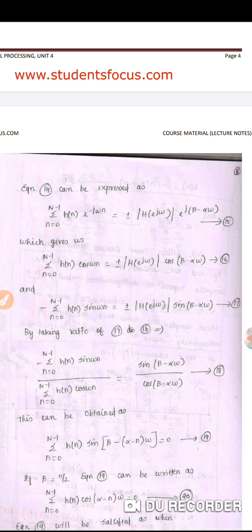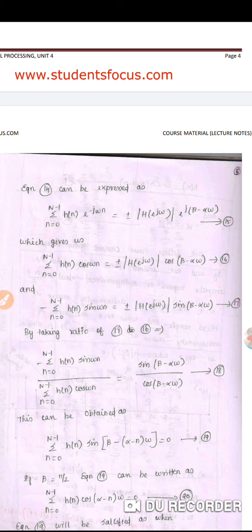If you take the ratio of equation 17 to equation 16, then minus summation n equal to 0 to N minus 1 h of n into sin omega n by summation n equal to 0 to N minus 1 h of n into cos omega n is equal to sin of beta minus alpha omega by cos of beta minus alpha omega.